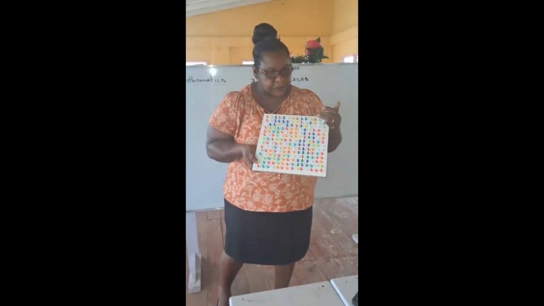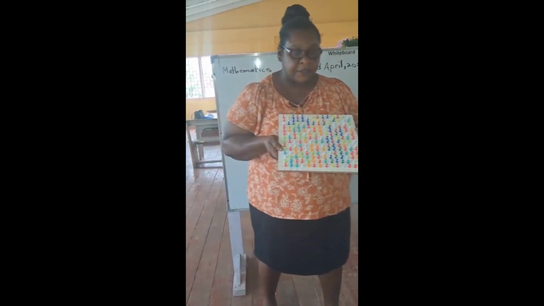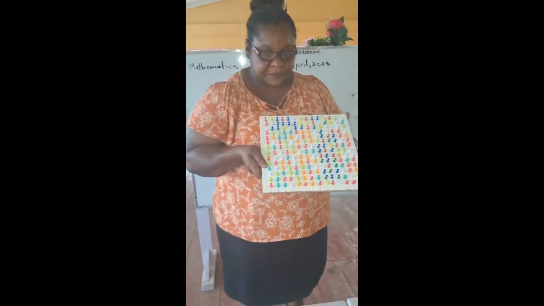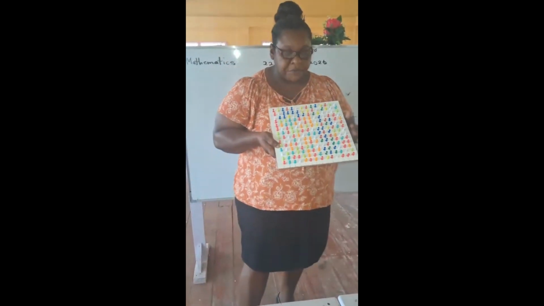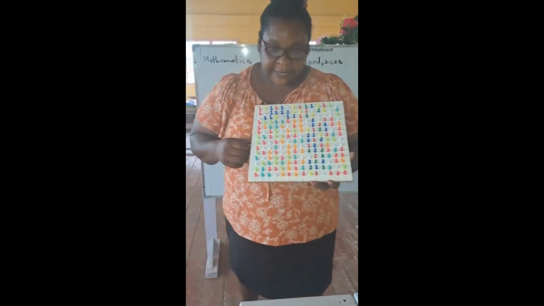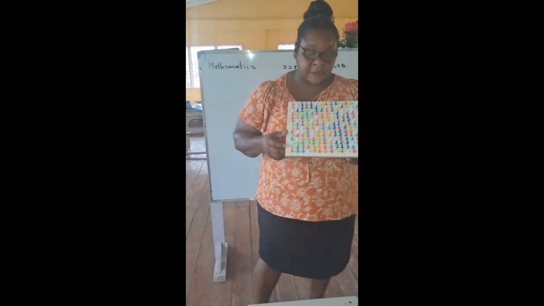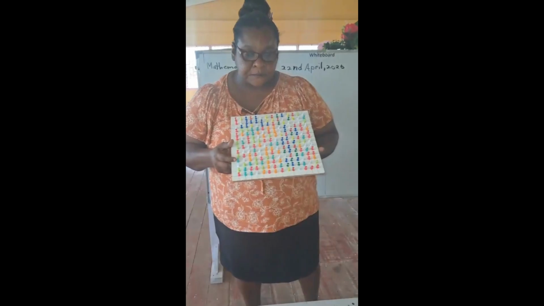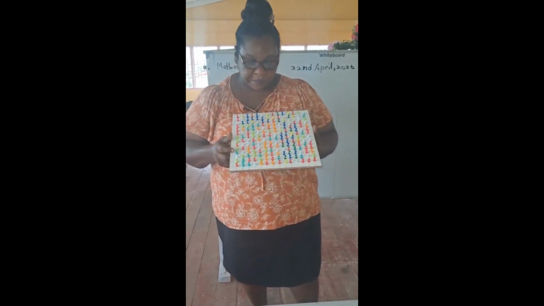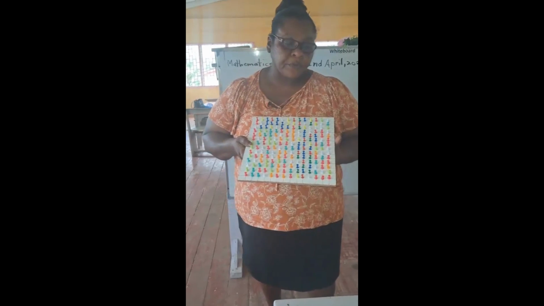It forms a grid and it can be used to teach math concepts like perimeter, area, lines of symmetry, and it can also show flat 2D shapes. So we would be demonstrating how we can teach these concepts today.